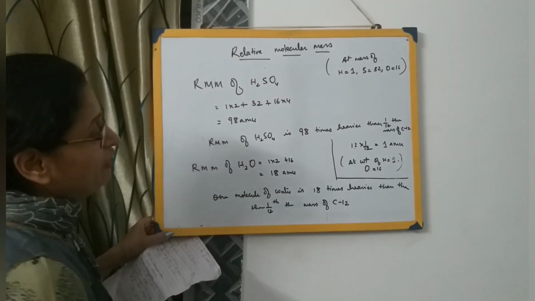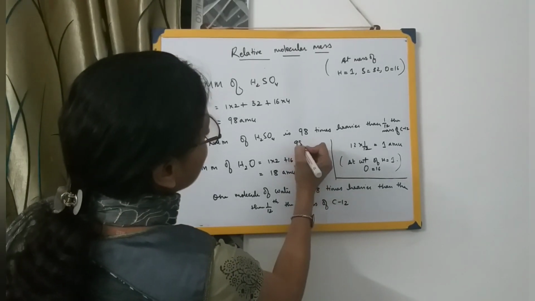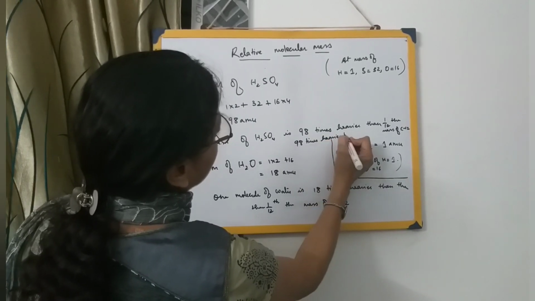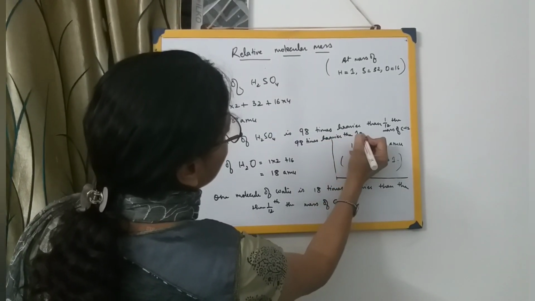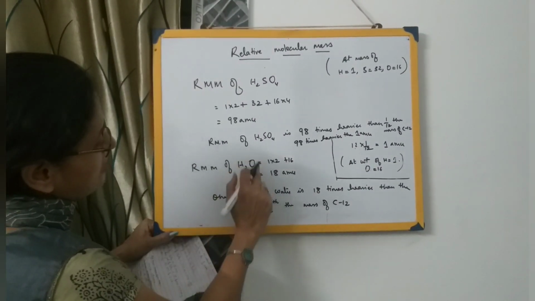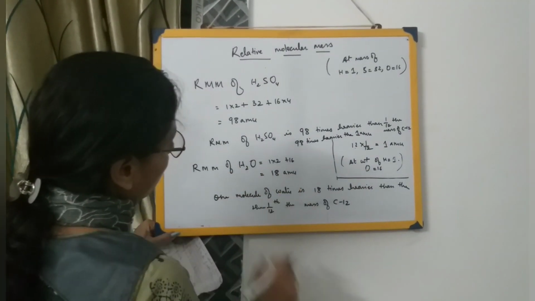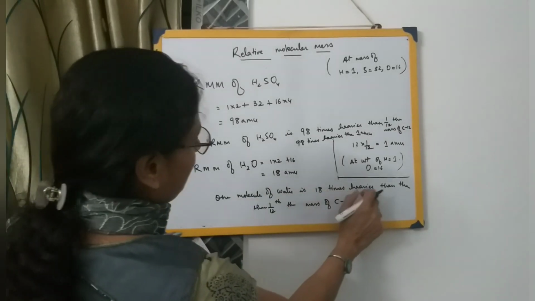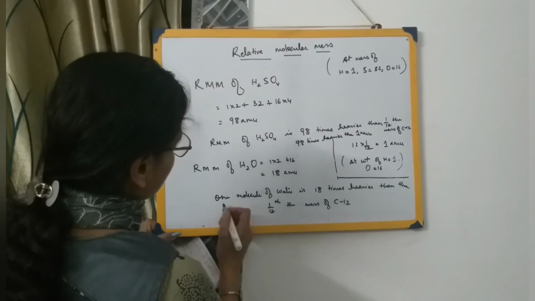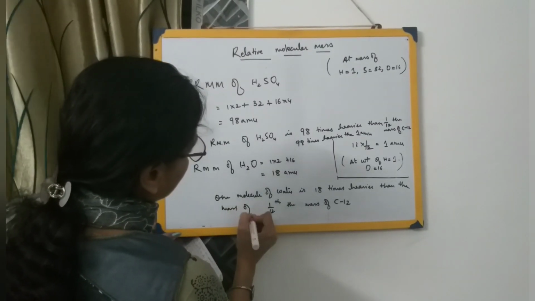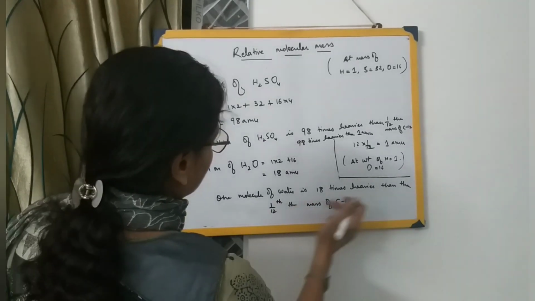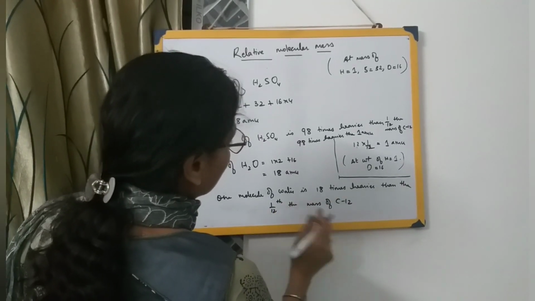In order to make it even easier, we can say it is 98 times heavier than 1 AMU. This also, we are getting the relative molecular mass of water as 18 AMU. So one molecule of water is 18 times heavier than 1/12 the mass of carbon 12.